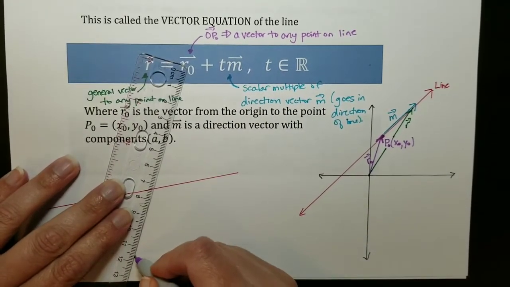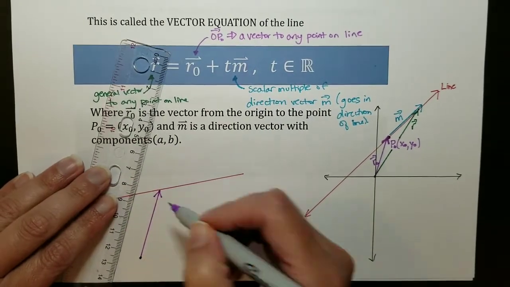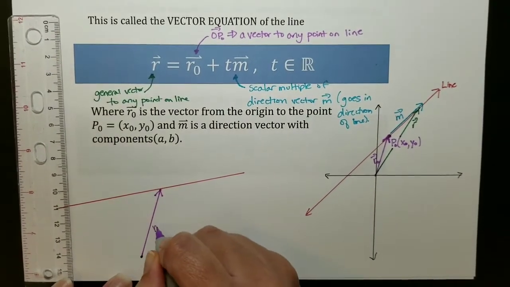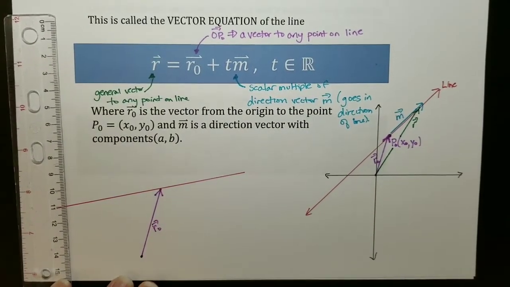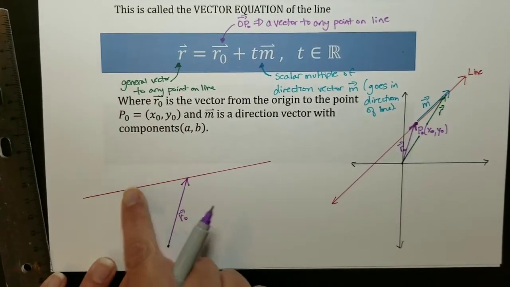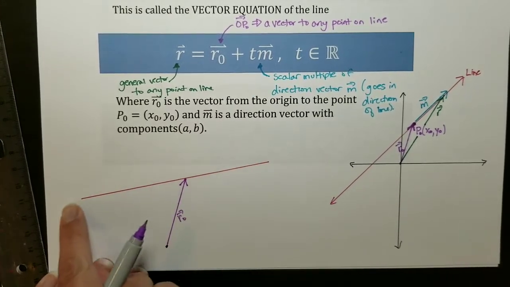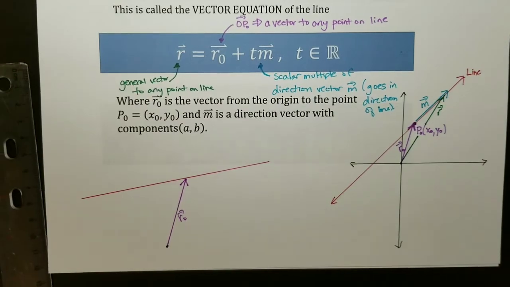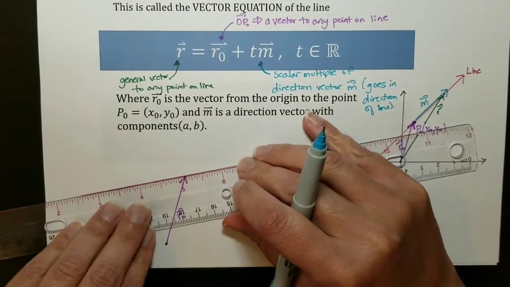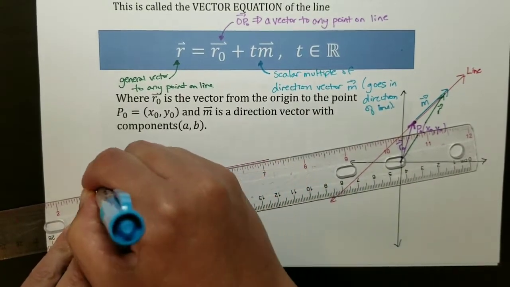Your first step to finding a certain house on that street is to walk to the street. That's our vector R naught. We got ourselves to the street. Then you can walk along the street kind of as far as you want, and as long as you stay on the street, you could find all of the houses on this street. So then you've got some scalar multiple of the direction of the street. You're going to walk some distance along here.